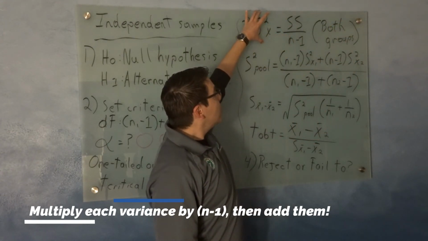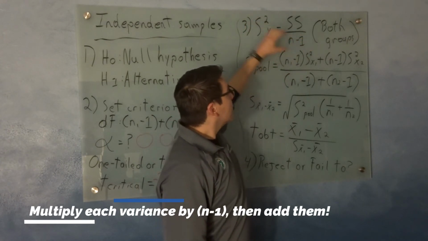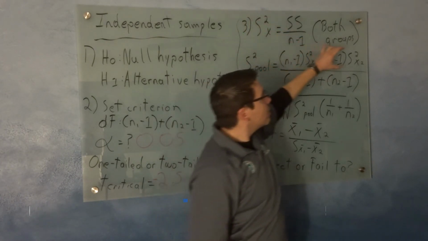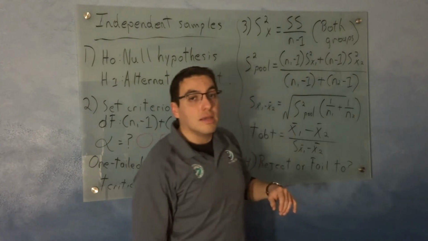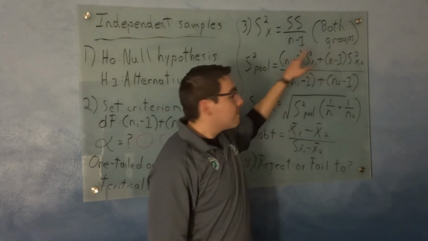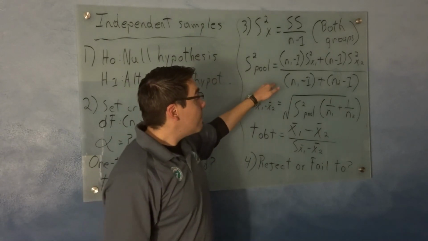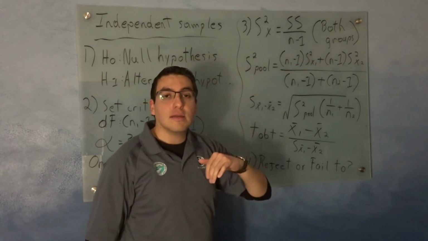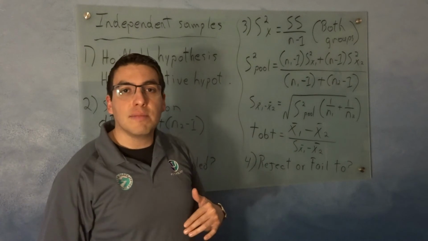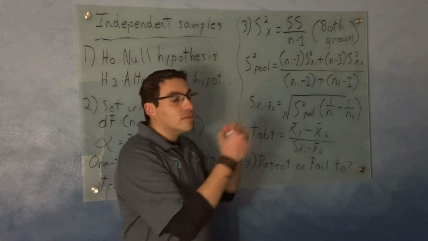So the number that you get here from one group is going to go here. The number that you get here from the other group is going to go there. And you're going to multiply that by the n minus 1 of each group. We divide that by n minus 1 from one group plus n minus 1 from the other group. And that gives us a pooled variance.